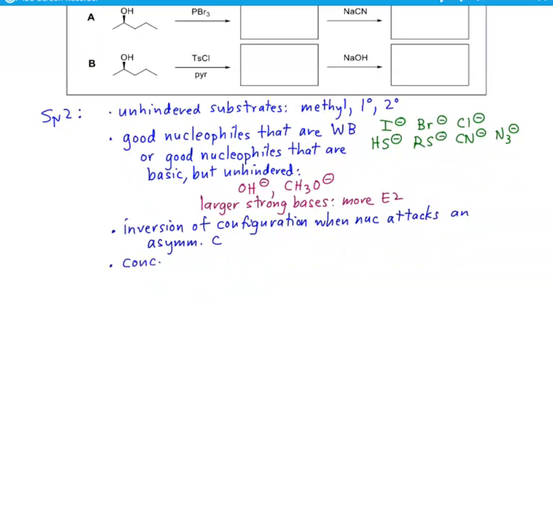We know that SN2 occurs through a concerted mechanism, which is to say it's all happening in one step. We know it has no carbocations in its mechanism, therefore there are no rearrangements.